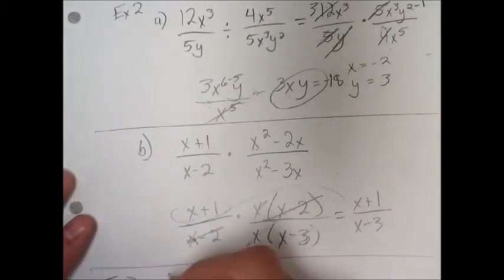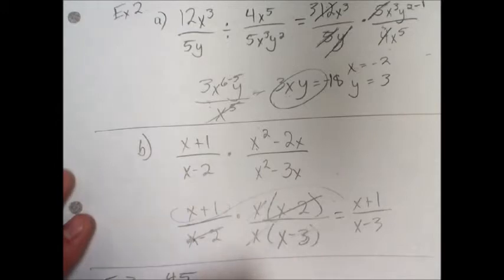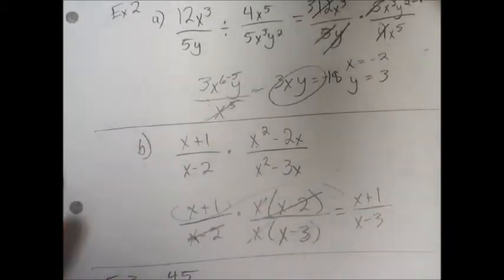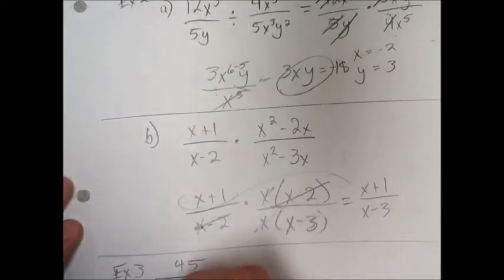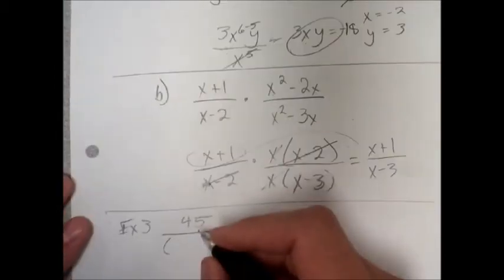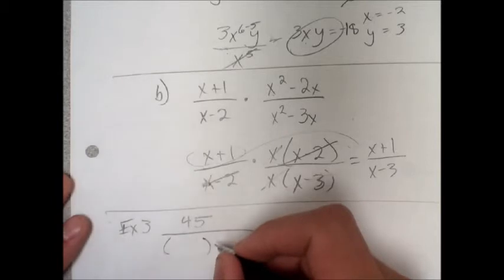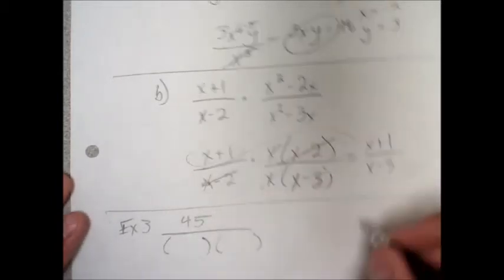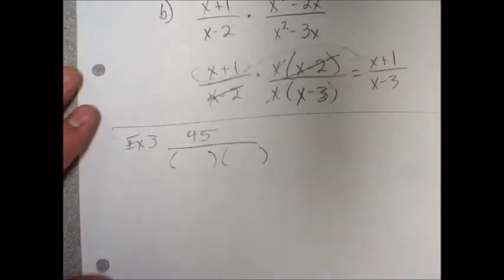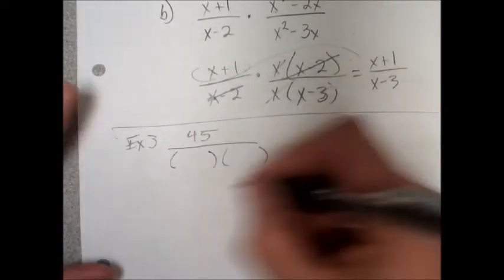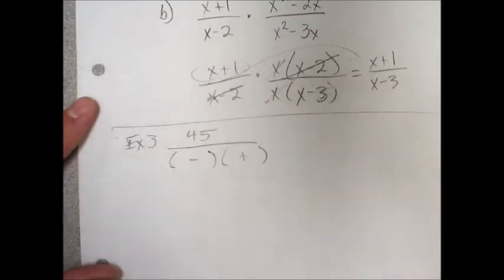Okay, so I have 45 over, and they give us x squared plus 2x minus 15. I know I'm going to have to factor that, so I'm going to go ahead and factor it now, so I don't have to rewrite it twice. So I set up 2 sets of parentheses, right? I look at my back term. It's a negative, so I'm going to have a different sign, a minus and a plus.